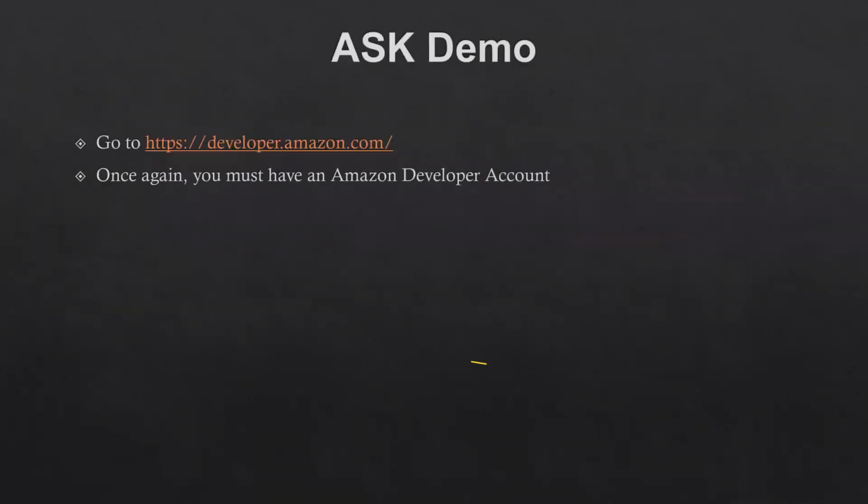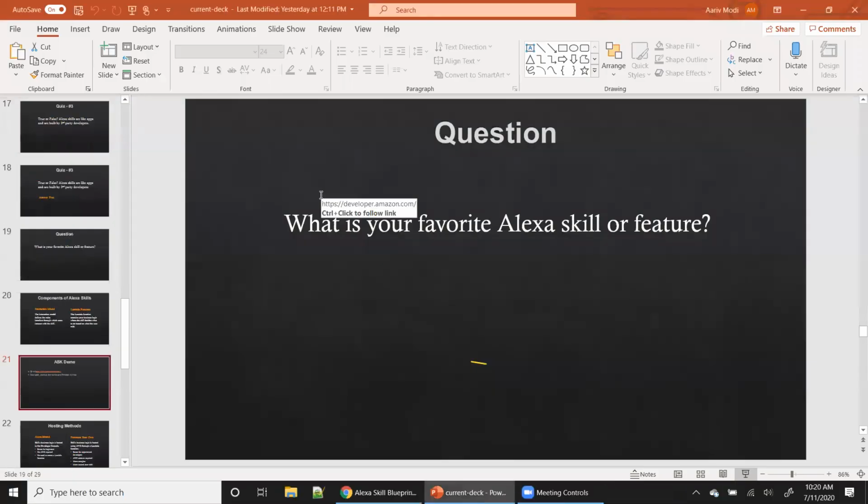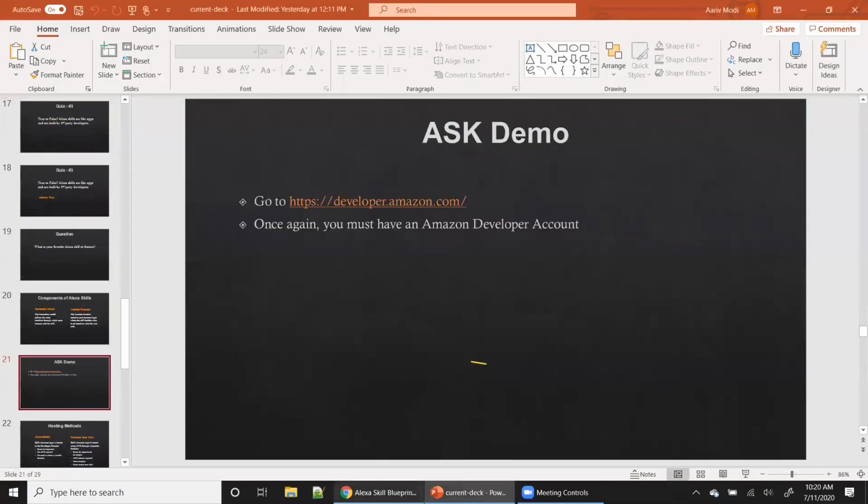Okay, you guessed it. Now let's create an Alexa skill using the Alexa Skills Kit. You can go to developer.amazon.com, and once again, you must have an Amazon developer account if you wish to follow along with me.